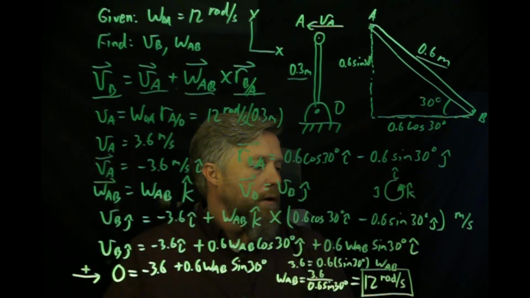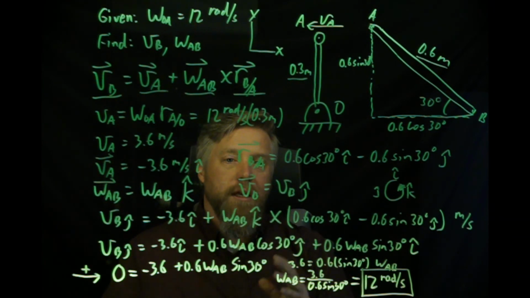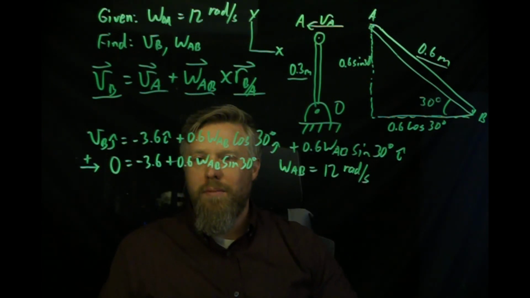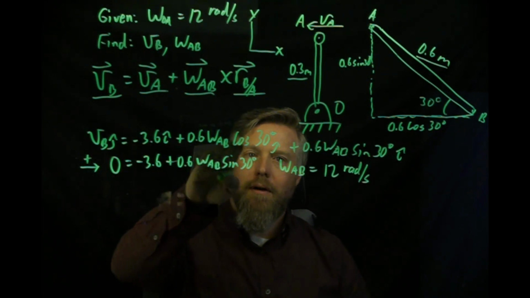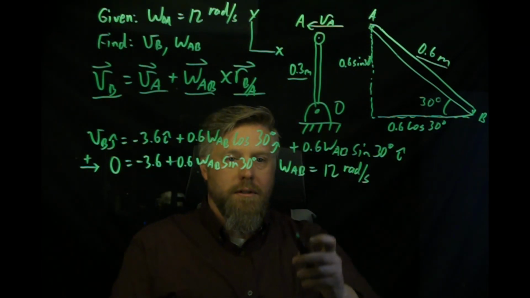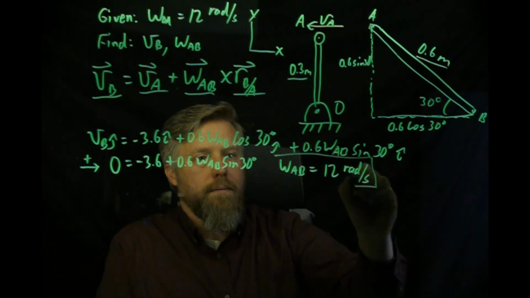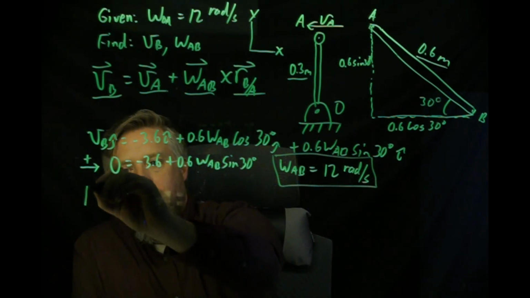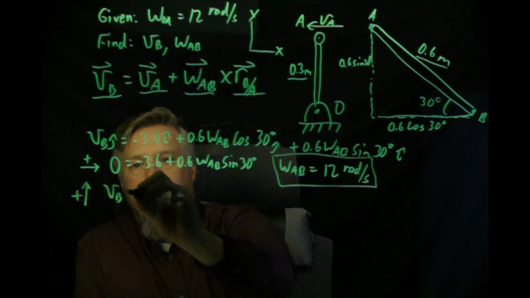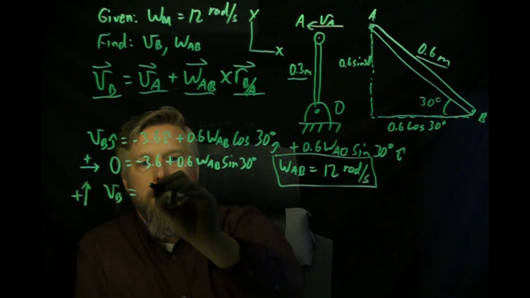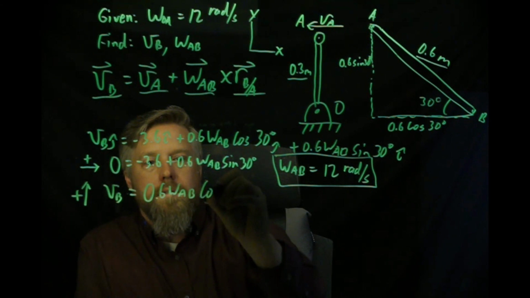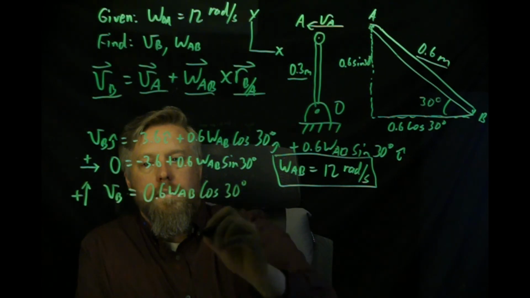And now we just need to solve for our velocity of B. I'm going to give myself some room, and we'll do that. OK, we got a little bit more room now. You can see I just copied our vector equation up here, and the x direction that we used to solve for our omega. And now we're going to do the y direction. And we have V_B on one side. And on the other side, we only have one j component, which is 0.6 omega AB times the cosine of 30 degrees.